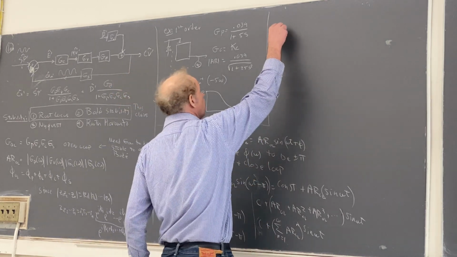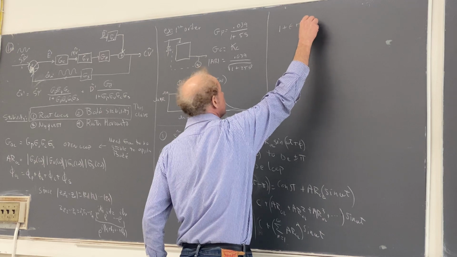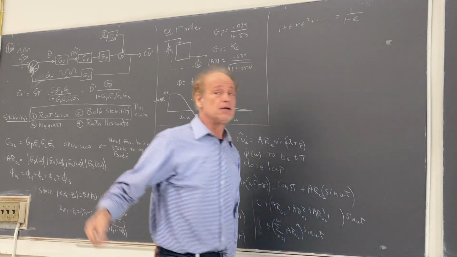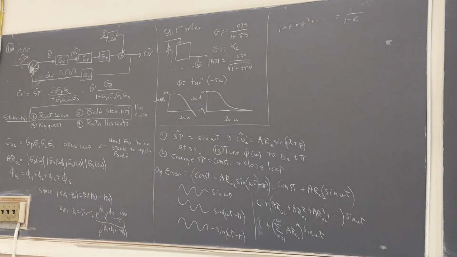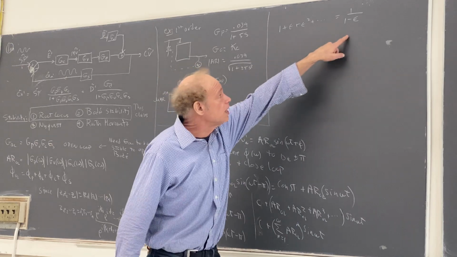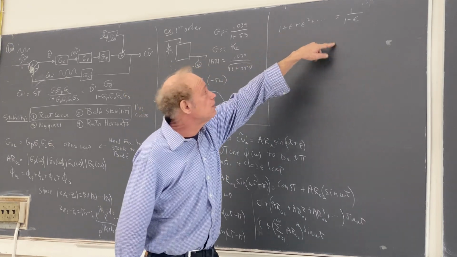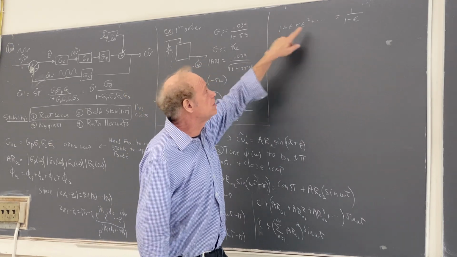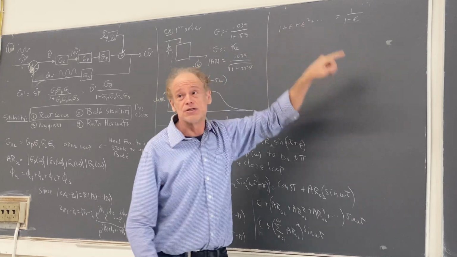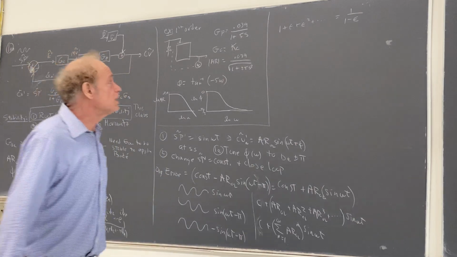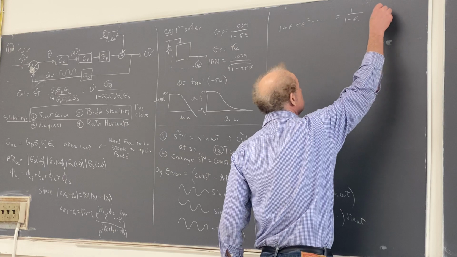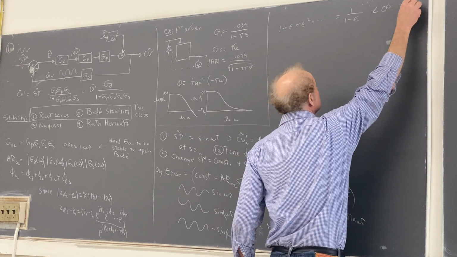Because 1 plus epsilon plus epsilon squared and so on to infinity is equal to 1 over 1 minus epsilon. You can see that in two ways. One way is to take the Taylor series, or you can just multiply it by 1 minus epsilon, and you'll see that I have 1 times 1 minus epsilon times 1 plus epsilon, minus epsilon squared plus epsilon squared, and they all cancel. So clearly, as long as epsilon is less than 1, this is finite.